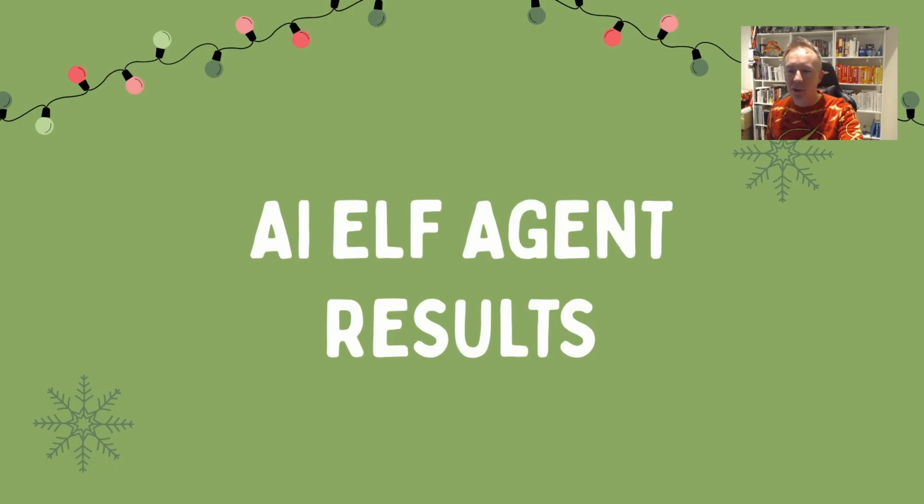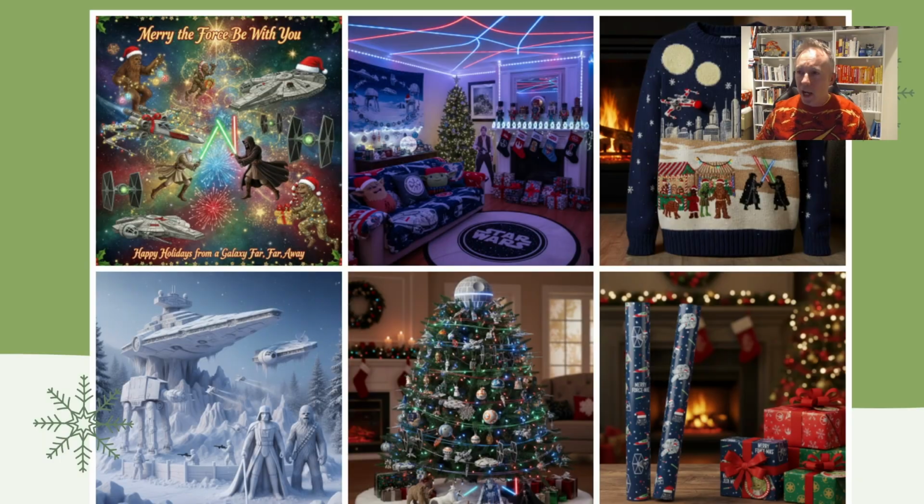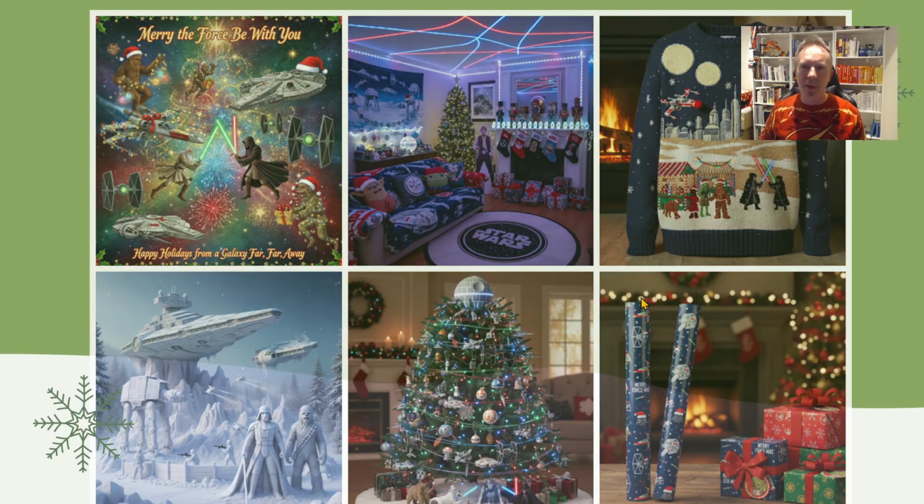Right, so let's have a look at some previous results that I gave them. Here I gave them the topic of Star Wars, and we can see the Christmas card design, the room that was decorated, the woolly jumper that was designed, which looks amazing. Some pretty epic snow sculptures, a really nice Christmas tree with a Death Star on top, and some other science fiction and starships decorated on it, and then some interesting wrapping paper as well.